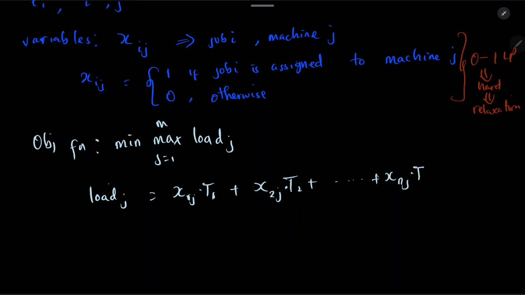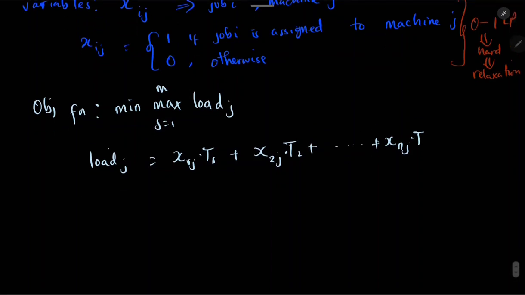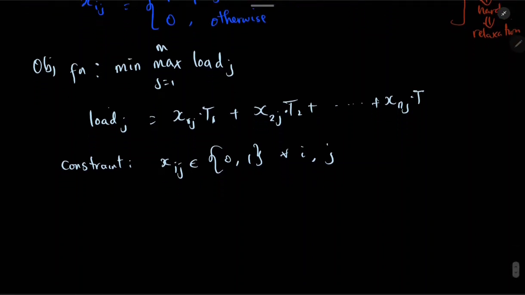So now let's define our constraints. First of all, x_ij can only be 0 or 1 for all i, j. And the other constraint is that each job can only be assigned to one machine. You cannot break one job apart into many parts and assign them to different machines.